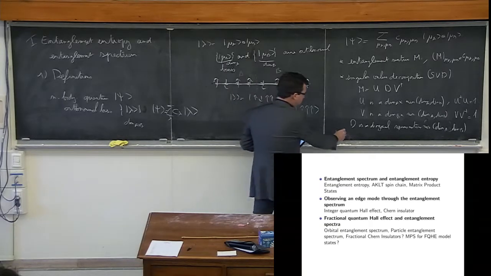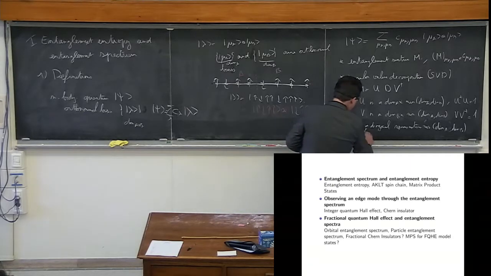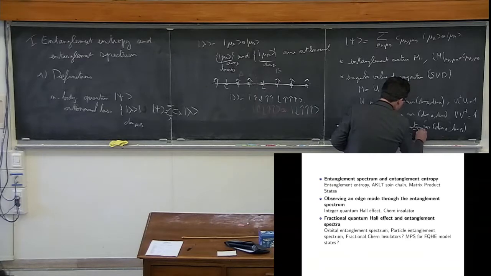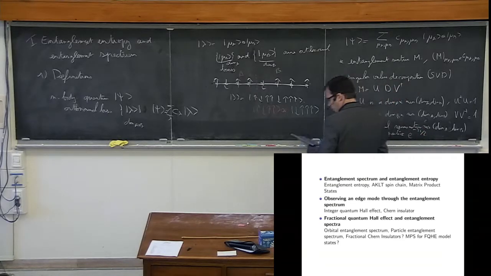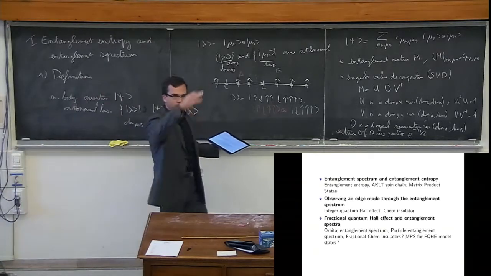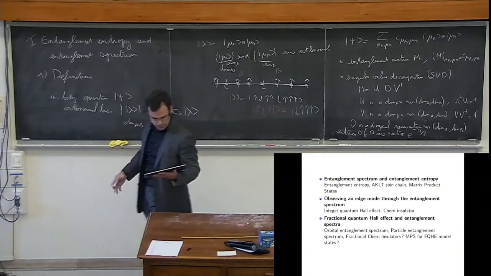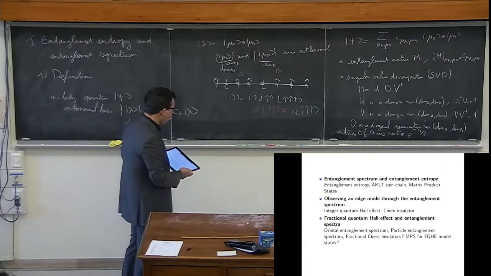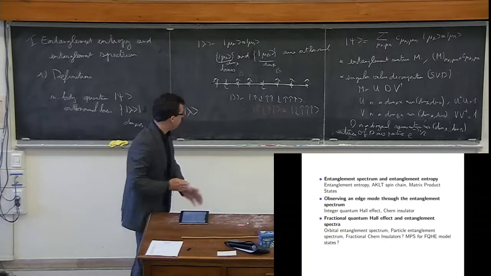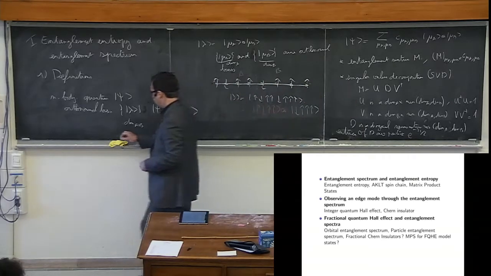Everybody sees what is written here? So I can write them as exponential minus psi I over 2, right? Taking psi I equal to infinity as an option. If I have a 0 in the diagonal, it will just mean that I take the psi to be plus infinity. Okay?